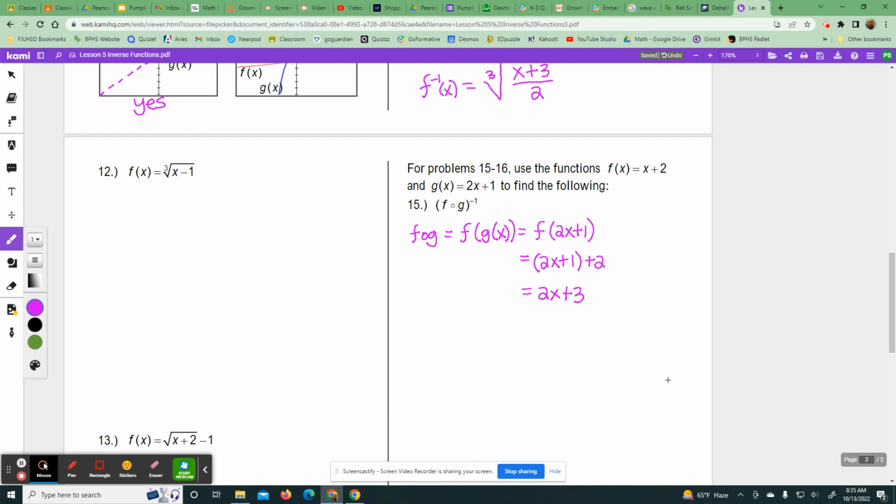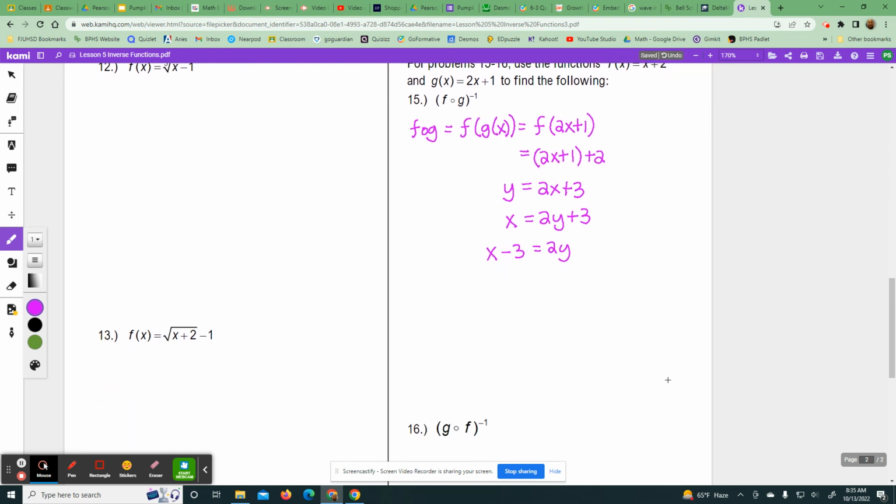Now I define the inverse, okay, because that's what that negative 1 stands for. Just find the inverse. So I'm going to make this a y, and then I'm going to switch them, interchange x and y. Okay, bring the 3 over. Divide both sides by 2.